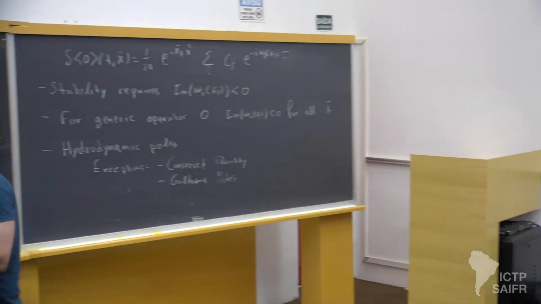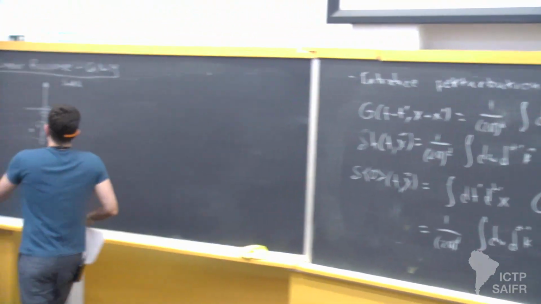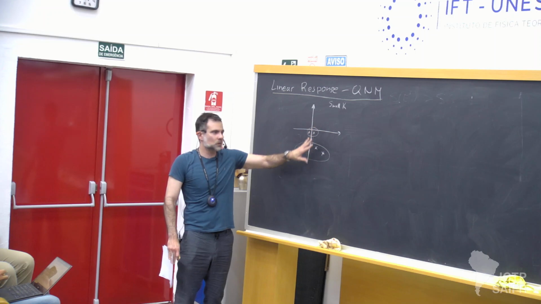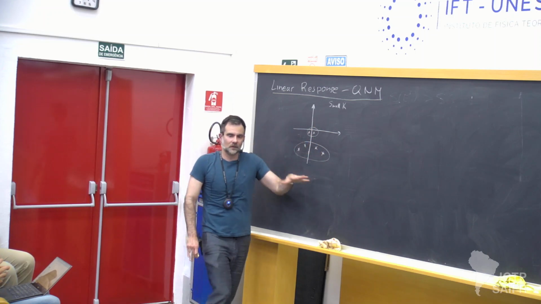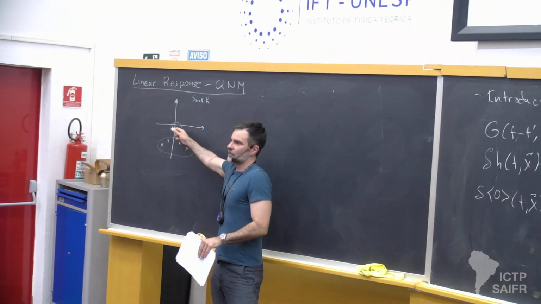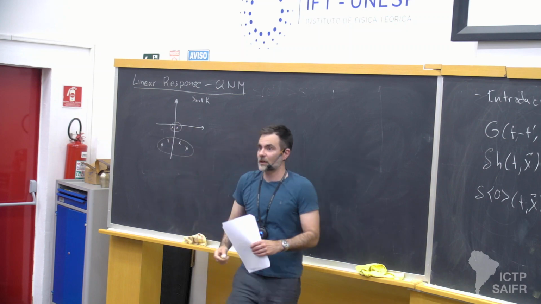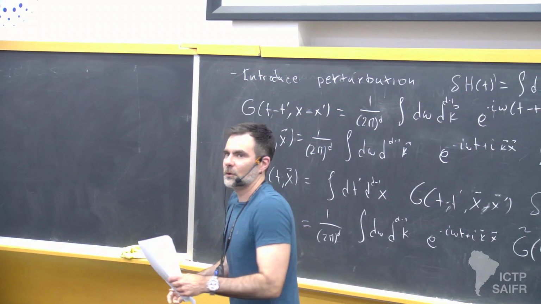So you want to have some effective theory which is just describing these dynamics. You want to integrate out all this fast decaying stuff, and have an effective theory that describes these modes. And this is hydrodynamics. Any questions?